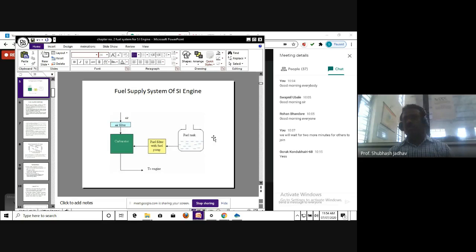I discussed the different components of the fuel system, and later the mixture requirements, the carburation process, the factors affecting the carburation process, and the stages of the carburation process.